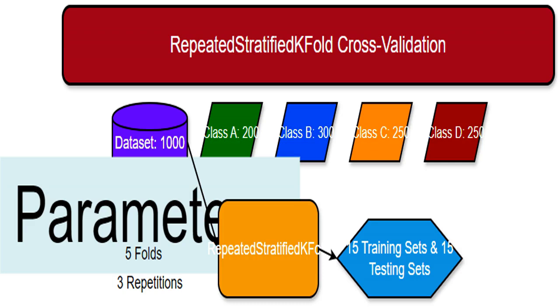The problem statement specifies that the repeated stratified K-fold cross-validation will use 5 folds and 3 repetitions. This means the data will be split into 5 parts 3 times, each time with a different random shuffle. This setup is key to understanding the number of training and testing sets generated.